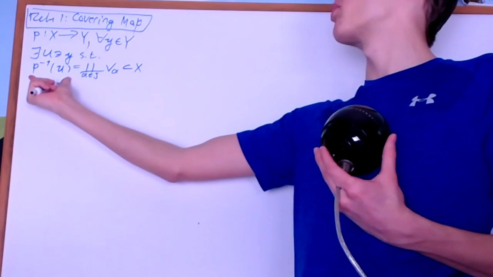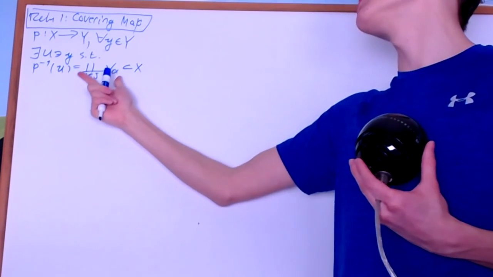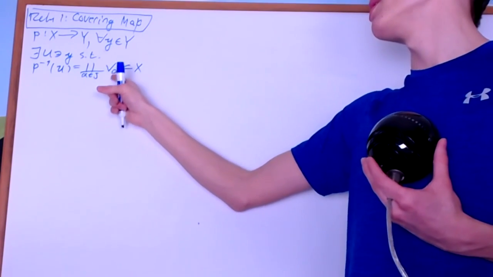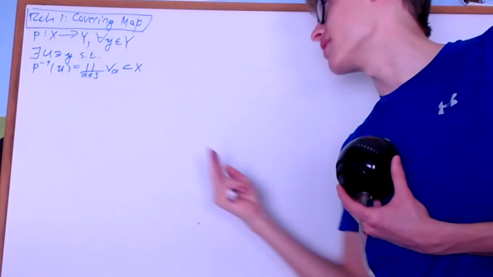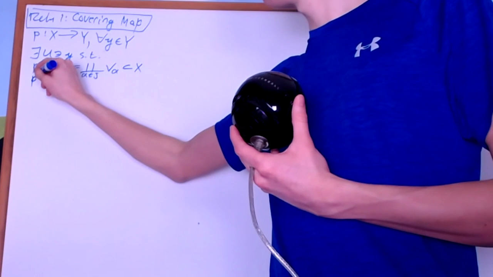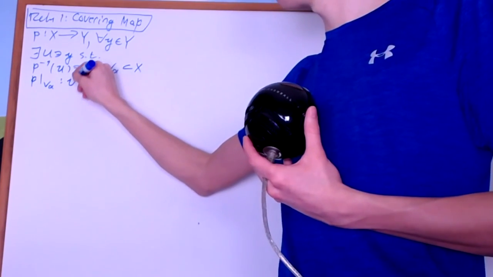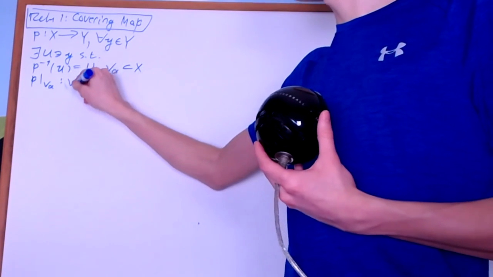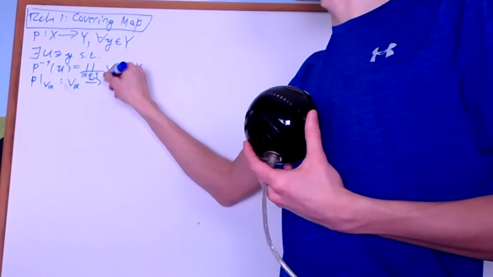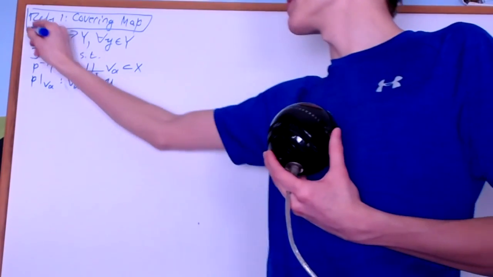Basically meaning the pre-image of the U, the single pancake, is the disjoint union of V alpha, each individual pancake in the stack. Now we also need to have it that P restricted to V alpha is a homeomorphism, which takes you from V alpha to U. So this is a homeomorphism right there.